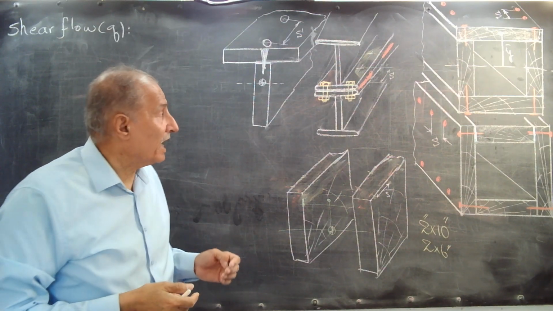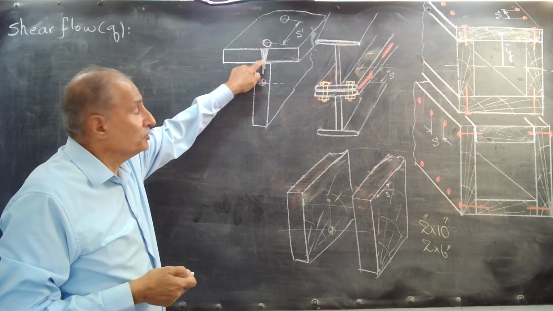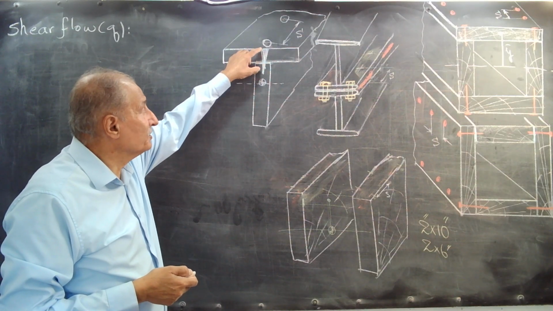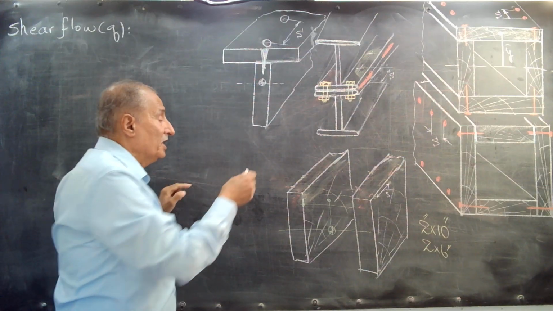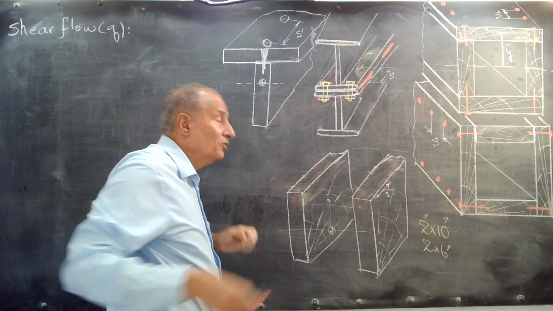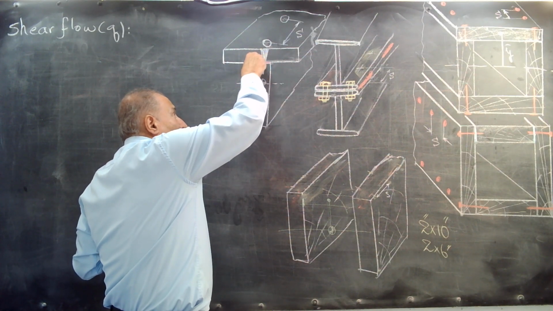We know that at this junction, the fastener, rivet, bolt or screw is in danger of being cut.